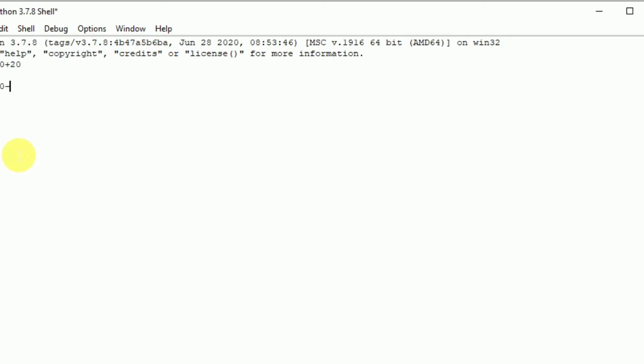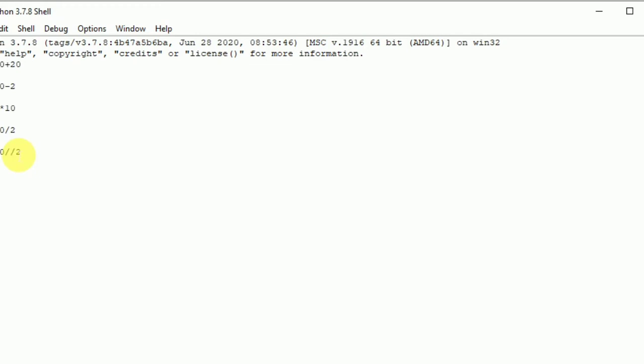Likewise, 10 minus 2, the minus subtraction operator, 10 multiplication 2, 10 division 2 gives 5.0, and 10 floor division 2 gives 5.